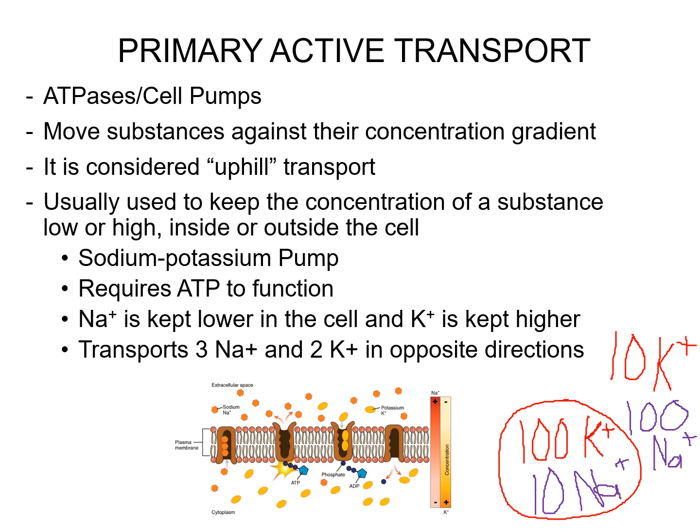Based on what we've learned so far with simple diffusion, we know that these things want to mix and become more in an equilibrium-like state, right? That 100 potassium on the inside wants to move out of the cell and get closer to 50-50.